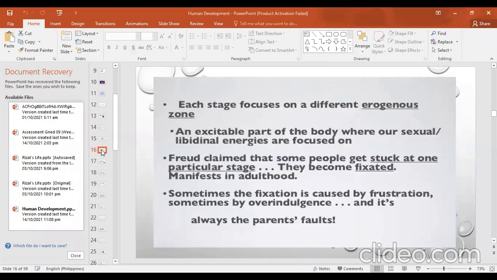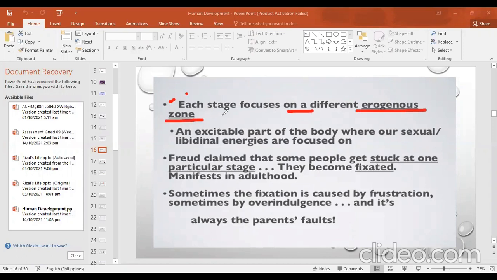Okay. Now, let's talk about the psychosexual stages of development according to Sigmund Freud. So yan. Okay. So each stage focuses on a different erogenous zone.